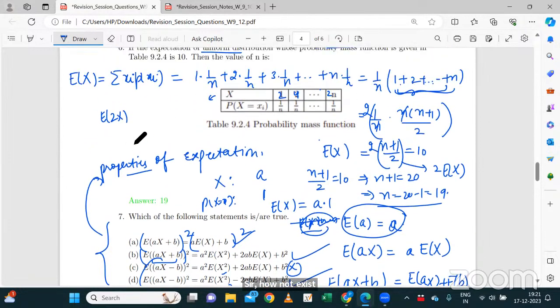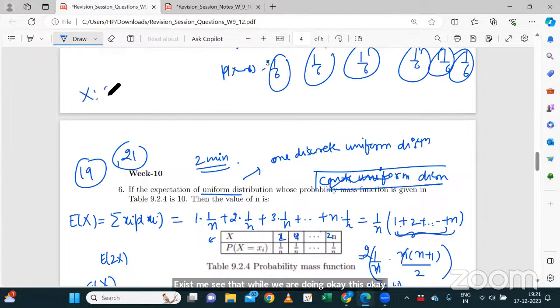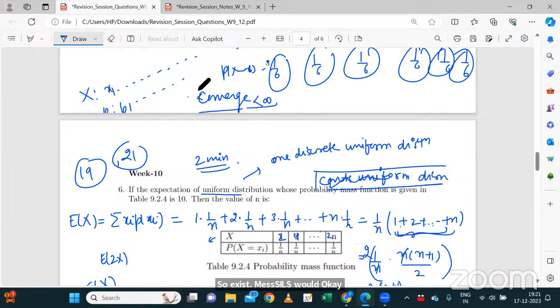Exist means, suppose you have some X1 taking some value, with the same probability associated, and I don't know the upper limit. Exist means the summation should converge. It should be less than infinity actually.